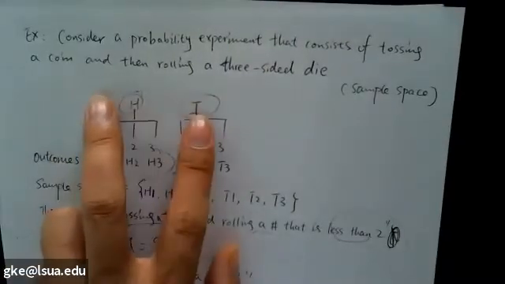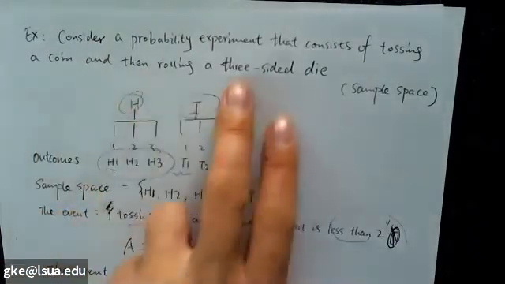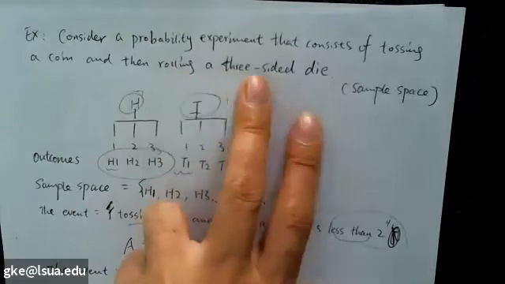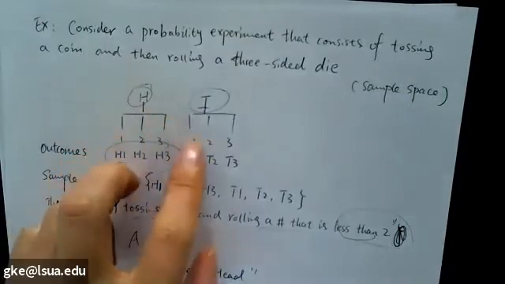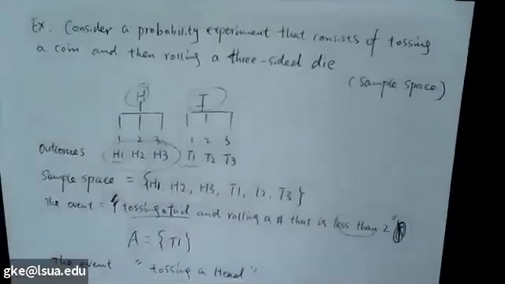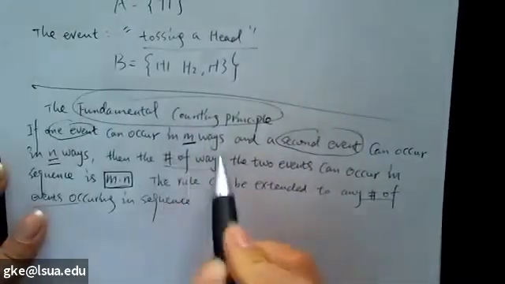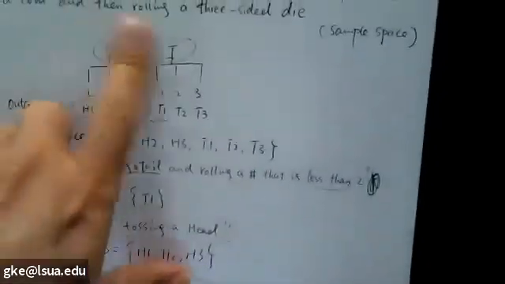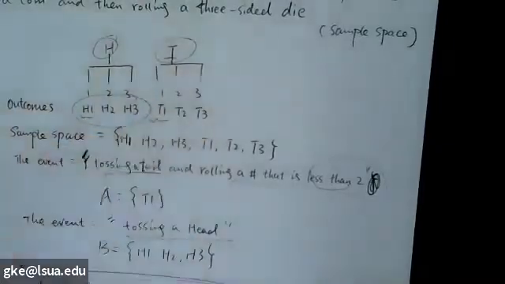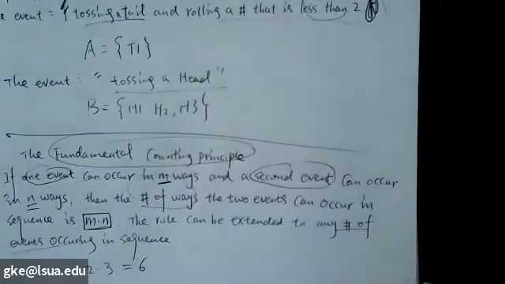For rolling a three-sided die, we have three ways, right? 1, 2, 3. So what's the total number of ways? The number of ways of these two events is 2 times 3, which equals 6.